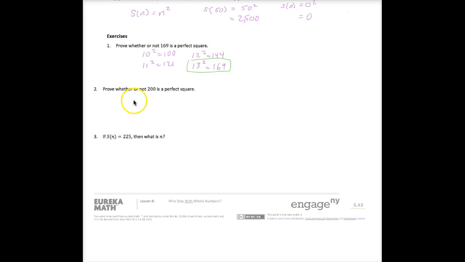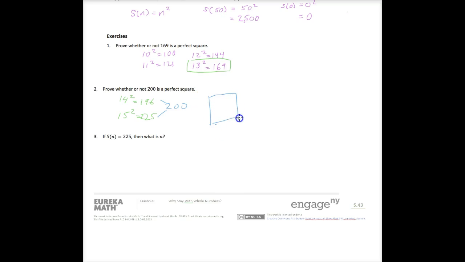To prove whether or not 200 is a perfect square number, I'm going to keep going. 14 squared is 196. 15 squared is 225. And what we see is that 200 lies somewhere in between, but it's neither one of those, which would create a square.